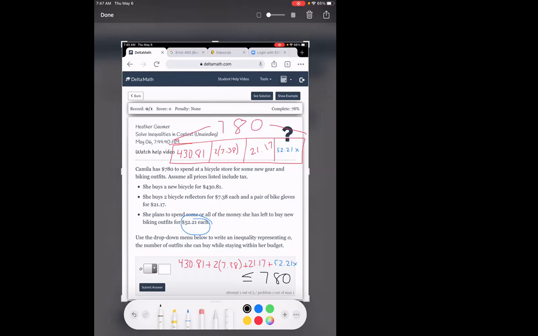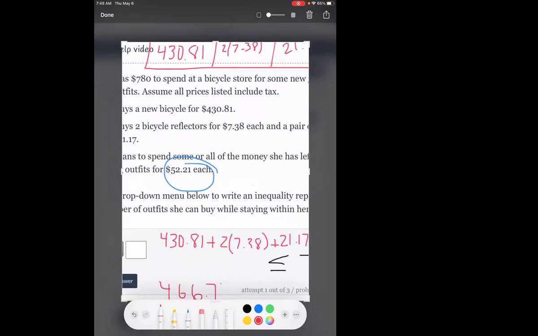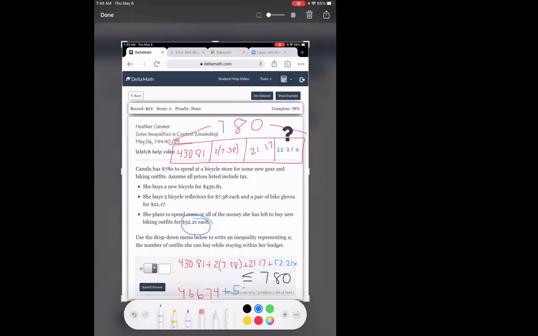Okay, let me erase that, switch colors, red. 466.74. But I still need to add to that the 52.21x is less than or equal to 780.